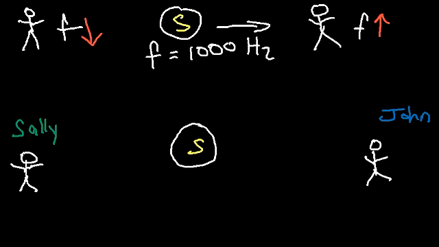But now let's say the source is moving to the right. How would that affect the waves? The waves are going to look like this. On the right side, the waves are going to be close to each other, but on the left side, it's going to be further apart.